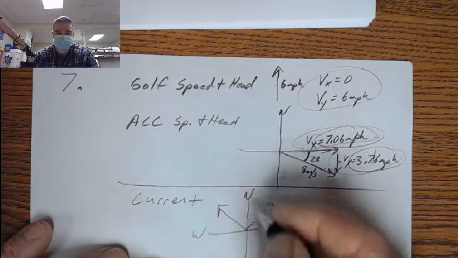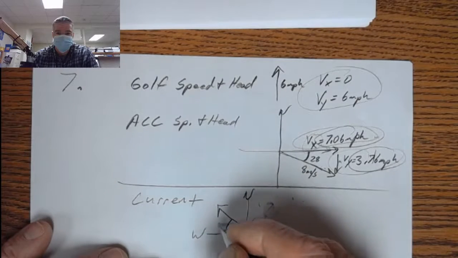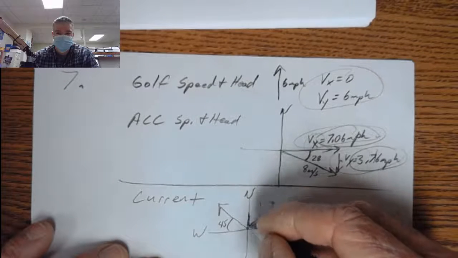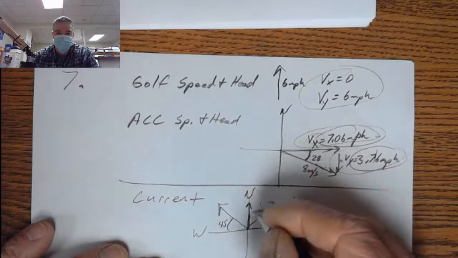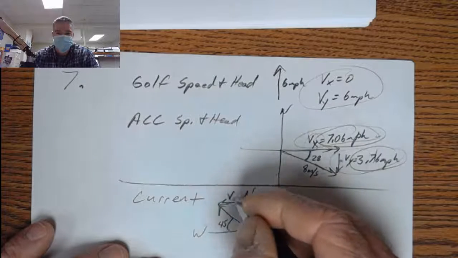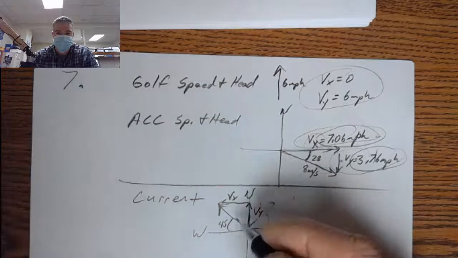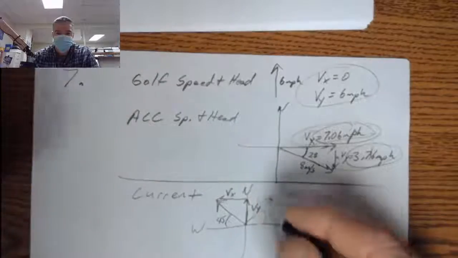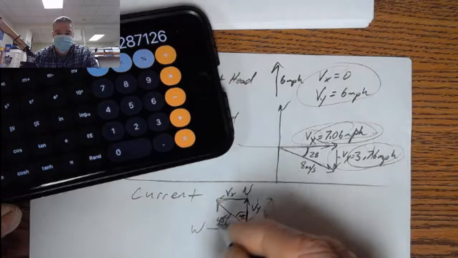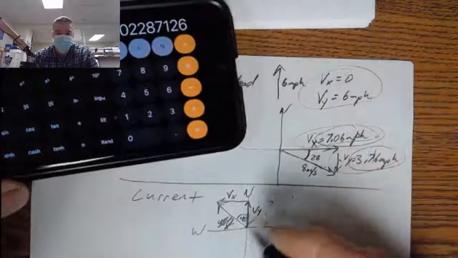So here's west, here's north. This is 45 degrees, the other angle is 45 degrees. If you're familiar with 45-degree angles, you know that the y component and the x component are both going to be equal, and they're going to be this over the square root of 2. But let me label this 45 also.